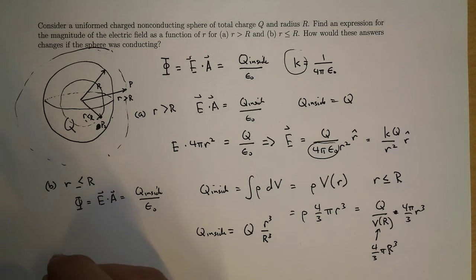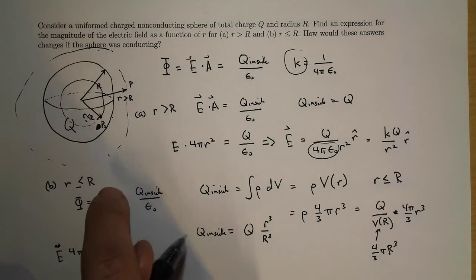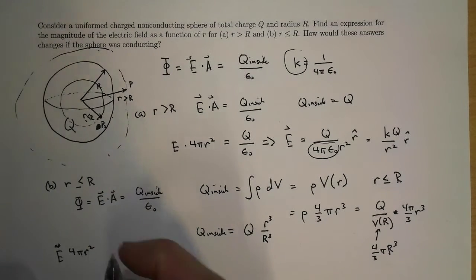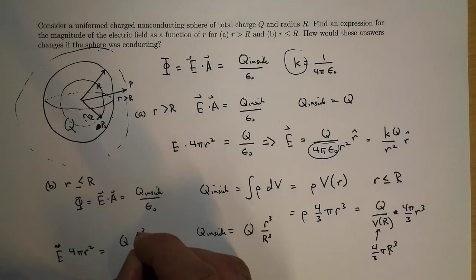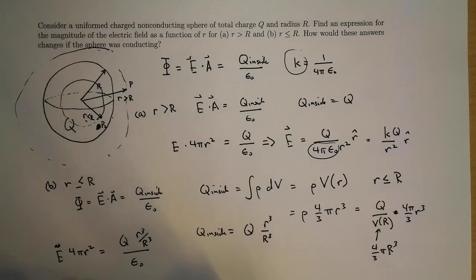So what I have here is basically the magnitude E times 4 pi r squared, the area of the sphere, is equal to Q inside, which is just Q r cubed over capital R cubed, divided by epsilon naught.